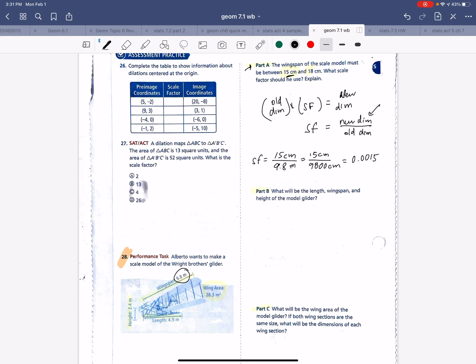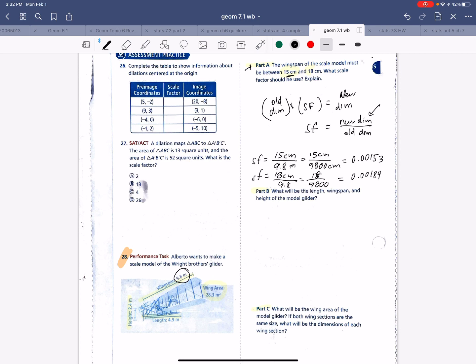Very small. But again, that makes sense. Our model's really small. And we could also do it with 18, putting them both in centimeters. So the scale factor is between these two numbers.